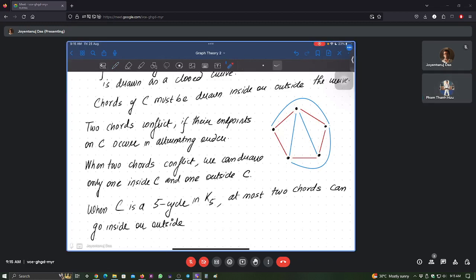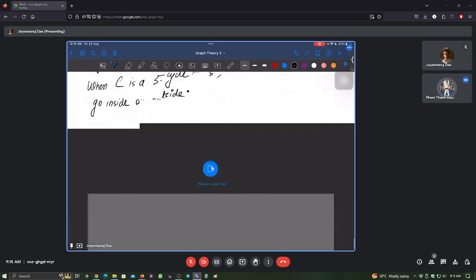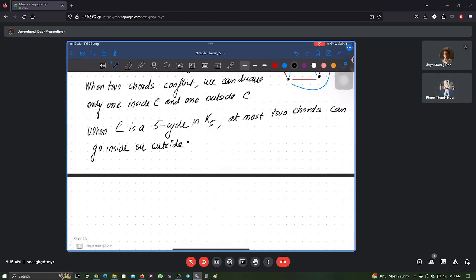I can draw two chords outside the curve and two chords inside the curve, so we are still left with one. That's why we cannot draw it properly. Since there are five chords, it is impossible for embedding.